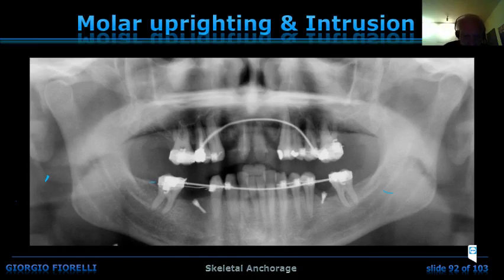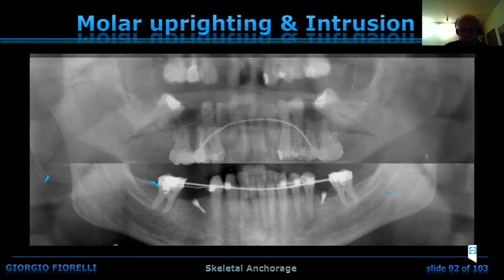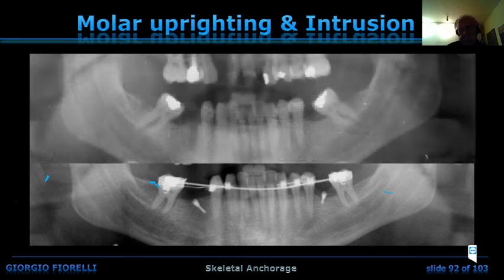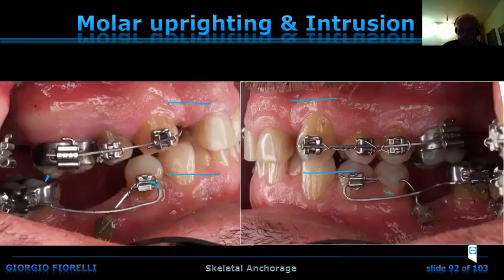Give a look here. Of course, it's impossible to send a band below the bone. But look what happened. Look at the difference. And there was intrusion. And this was a very simple thing.